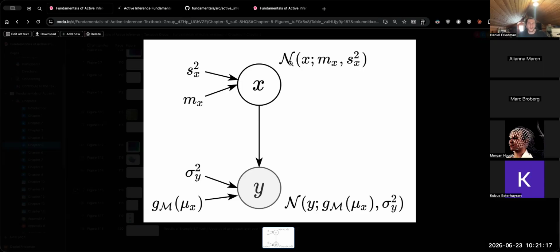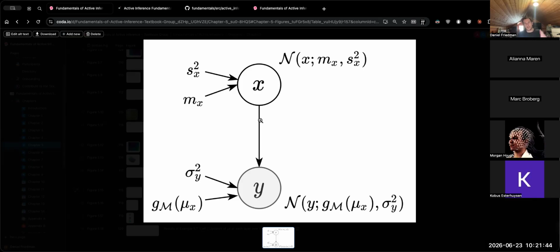And it is going to have a variational family that's normal, a Gaussian distribution, which is going to pull variables x with mean and variance m sub x, s squared sub x. So we have a Gaussian prior on a latent state x.